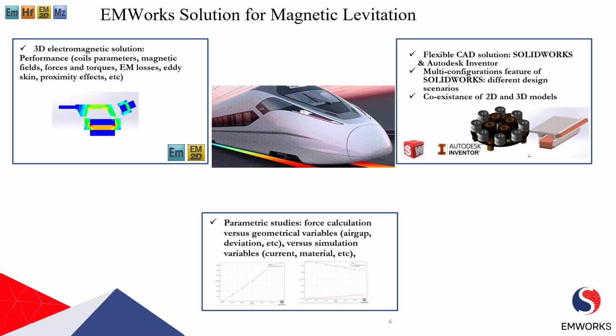You can also easily manipulate or change your geometry in a very fast way, so you can have multiple iterations in very limited time. The parametric studies offered by the solution can help designers to evaluate different quantities, including force results versus geometrical variables like air gaps, misalignments, or currents or voltage.